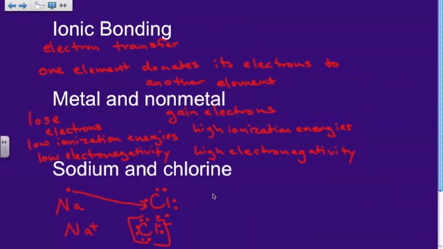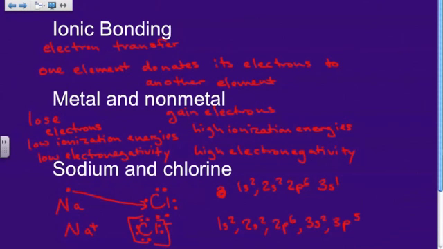To show what that looks like in terms of electron configurations, we know that sodium has 1s2, 2s2, 2p6, 3s1, and chlorine is 1s2, 2s2, 2p6, 3s2, 3p5.